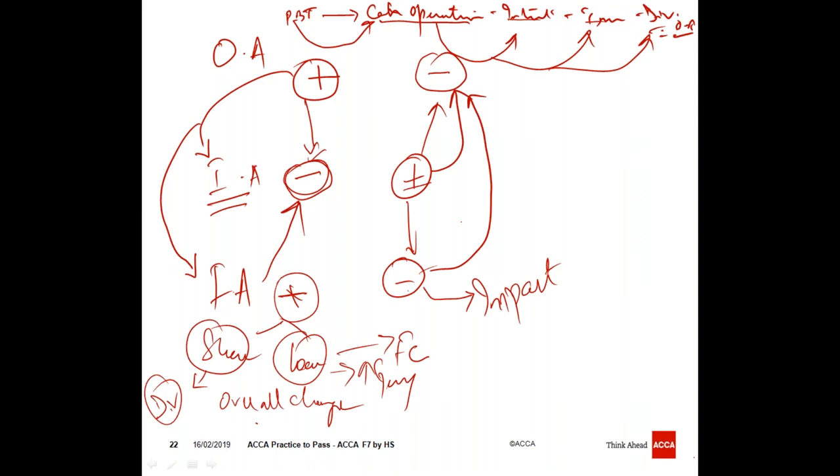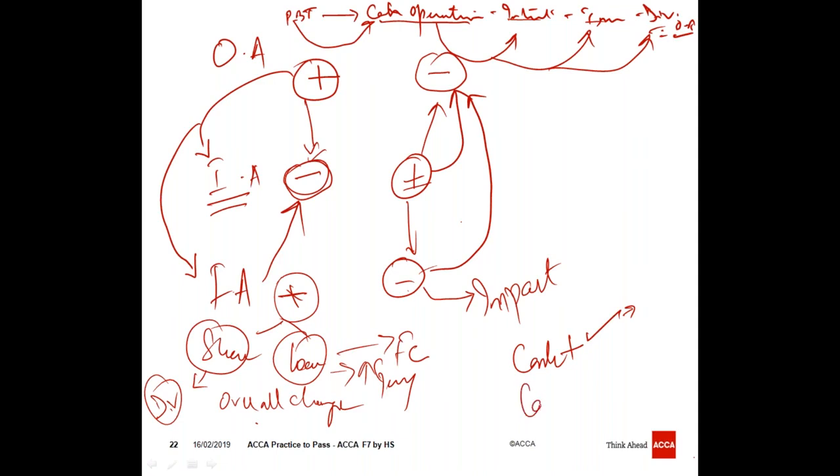Okay, so you have to tell the examiner that if there is a positive cash flow, then where the company has used that cash flow, and if there is a negative cash flow, you have to tell the examiner where that negative cash flow deficit will be fulfilled. Then finally, at the end, if the company has a positive cash flow, it means the company has still cash to pay its liabilities, and it could be linked with the liquidity.